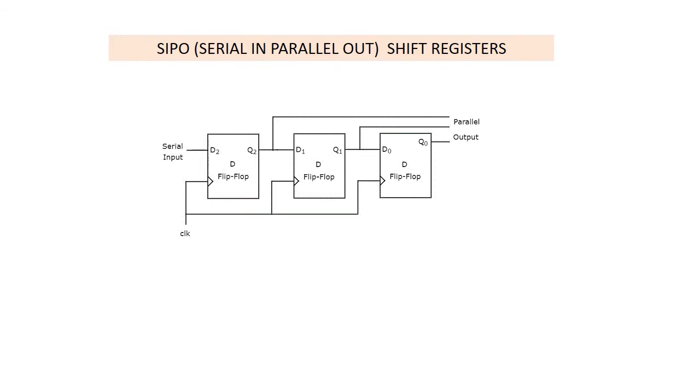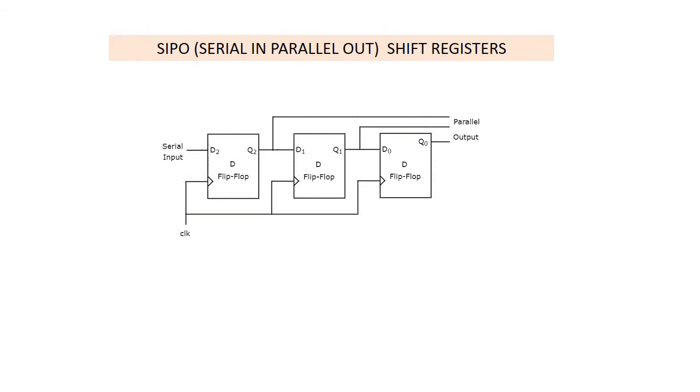Serial in, parallel out, shift register. The logic diagram and the logic symbol of a 4-bit serial in, parallel out, shift register. In this type of register, the data bits are entered into the register serially, but the data stored in the register is shifted out in parallel form.